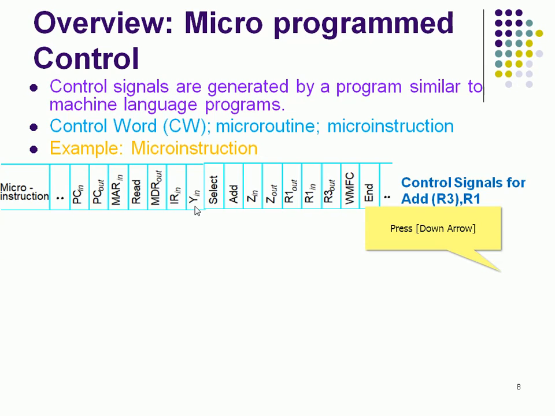So let us begin. One example we have seen in the previous discussion. The first step is PC out, MAR in, read, select 4, add, Z in. So I have followed that. What is a PC? Program counter. The program counter holds the address of the current instruction.